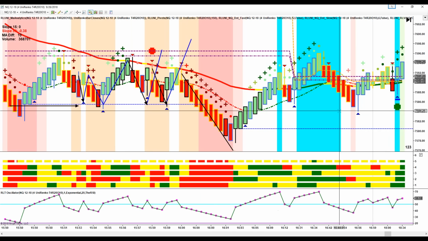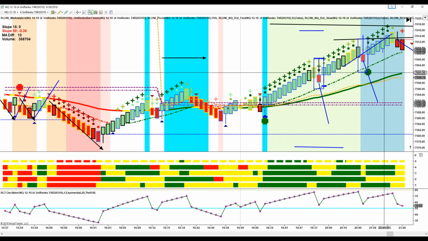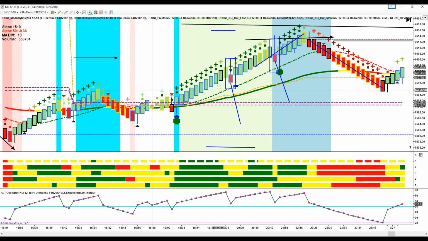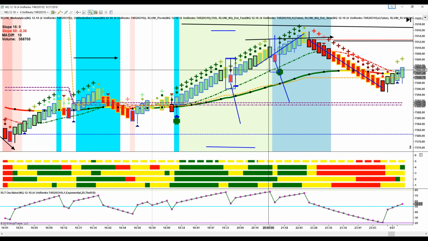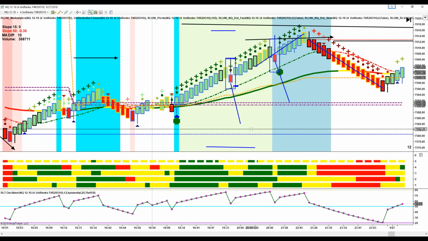So I've talked to you about background bias and its importance. And I've talked to you about the importance of our fast moving average crossing our slow to the upside to take a long, and our fast crossing our slow to the downside to take a short.